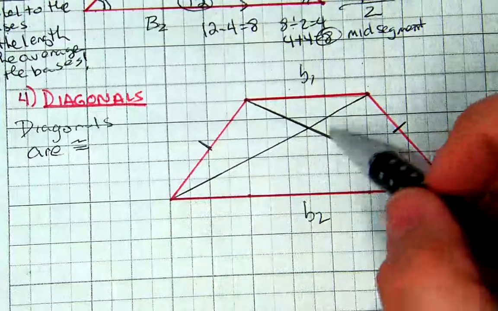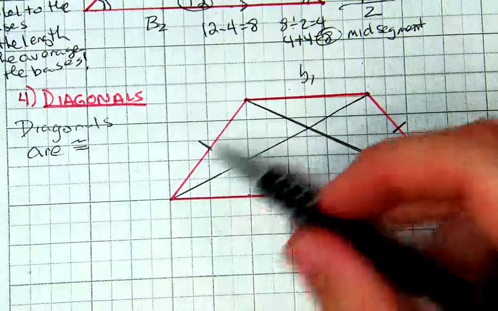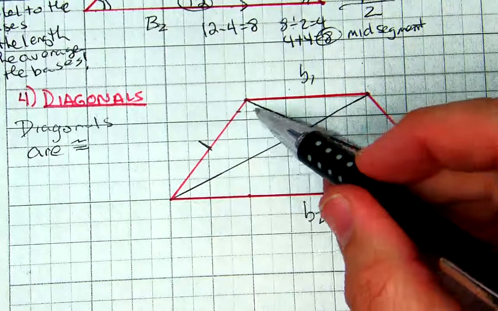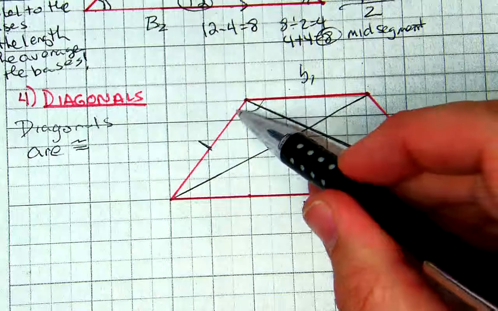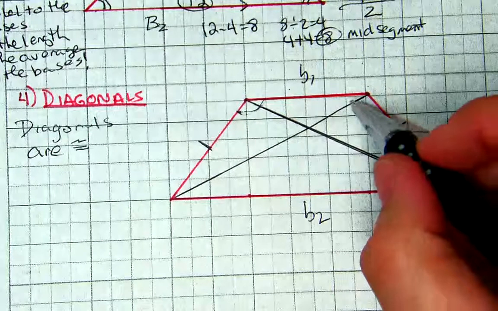If you dealt with this triangle right here, you would have got this angle. And that's congruent to this angle.